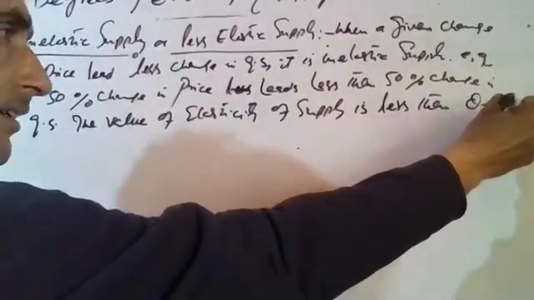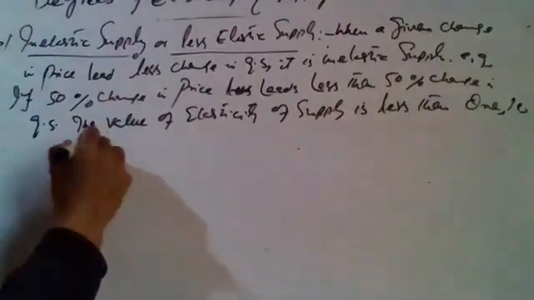That is, the elasticity of supply is less than 1. Okay? The supply curve is upward sloping but starts from the x-axis.